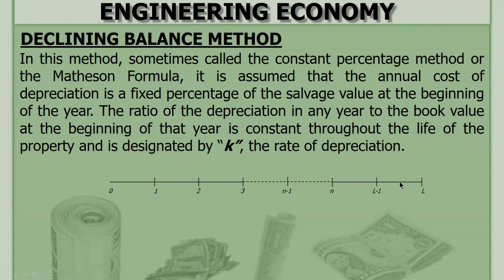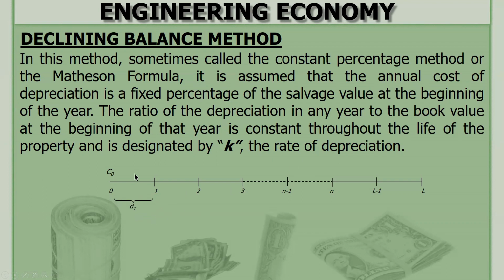Suppose we have this timeline, okay? So at the start, the value of the property is denoted as C sub 0. For year 1, from 0 to 1, there will be a depreciation D1. So based on the definition of rate of depreciation, K is the ratio of the depreciation in any year over the book value at the beginning of that year.